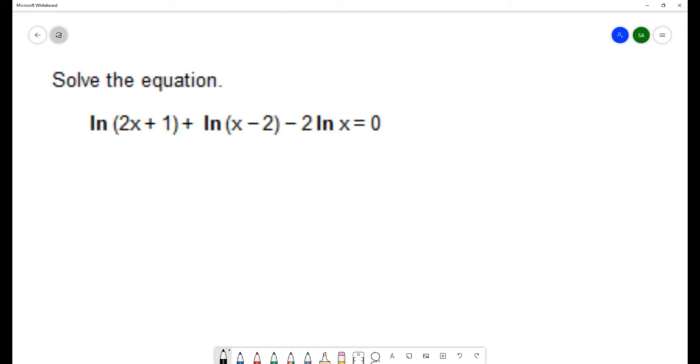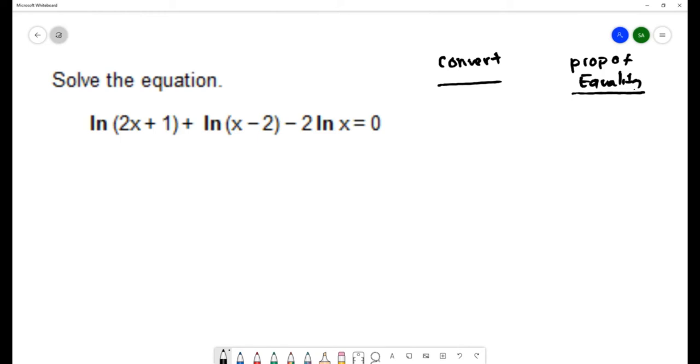The two methods are to convert, or to use this property of equality. If you keep these two methods in the back of your mind, it might indicate to you which one you're going to use on this example.